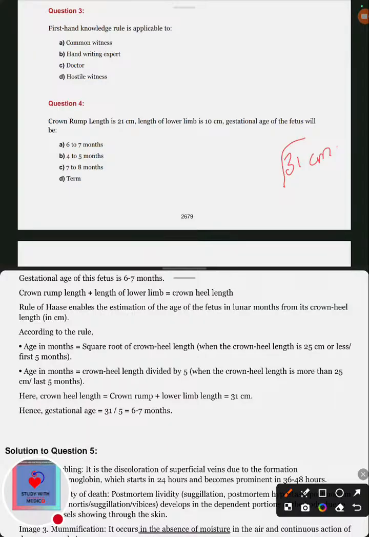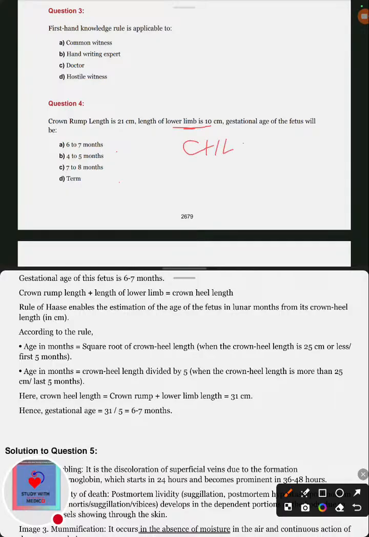So you have to divide it by 5. 31 by 5 is 6 to 7 months. So basically you get the crown heel length from the lower limb length plus crown rump length.